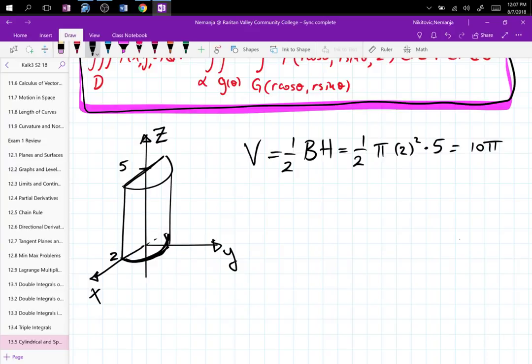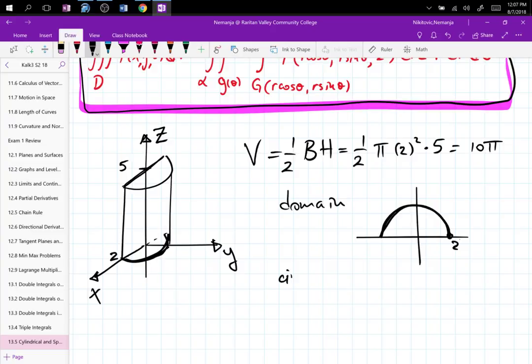Triple integration, because this was not clear. We go with polar coordinates. I have my domain, just bear with me. I have my domain as half of the circle with the radius 2.